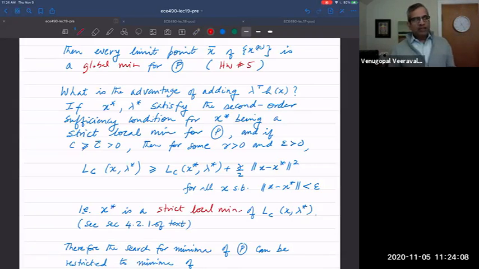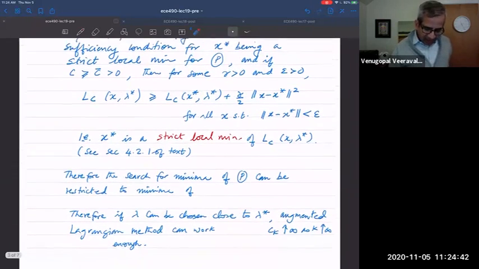So what does this mean? If C is larger than some threshold, I can restrict my search. Basically this is saying that if x star is a strict local minimum of the original problem, then it's also a strict local minimum of this augmented Lagrangian, which is unconstrained, as long as C is bigger than some C bar.